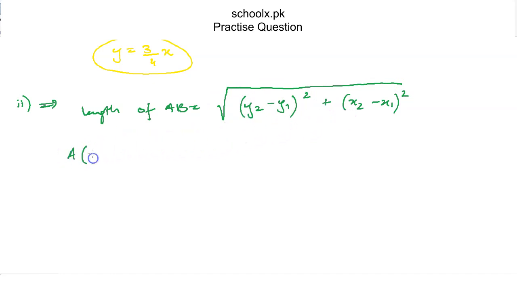One of our points is (3a, -a). The other point is (-a, 2a). Let's take them as x1, y1 and x2, y2.